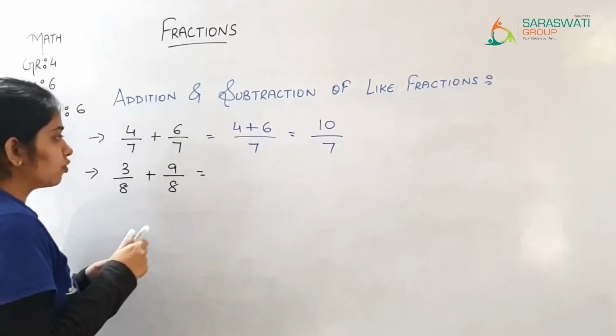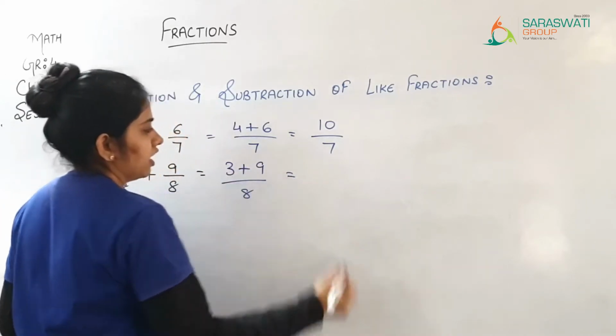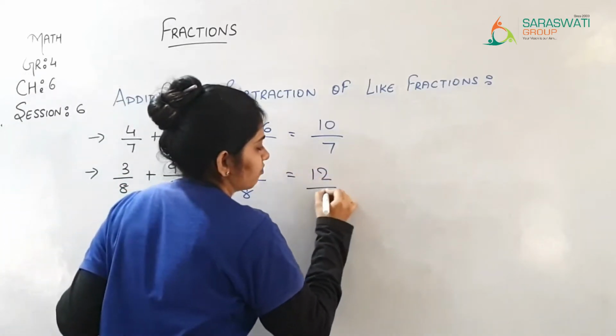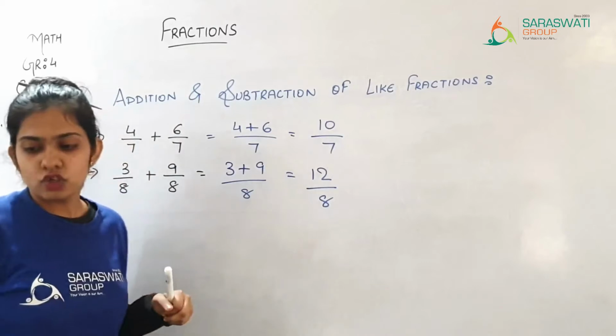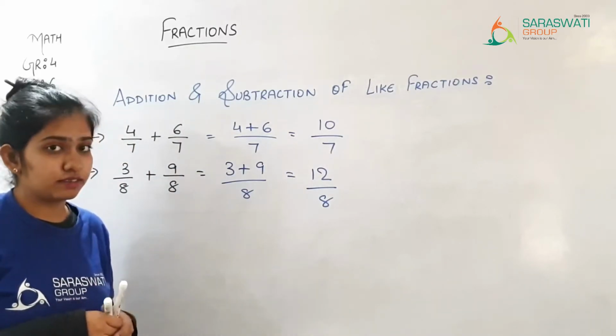So 3 plus 9 by 8, 9 plus 3: 10, 11, 12, so 12/8. To solve 12/8, is it possible to simplify this?